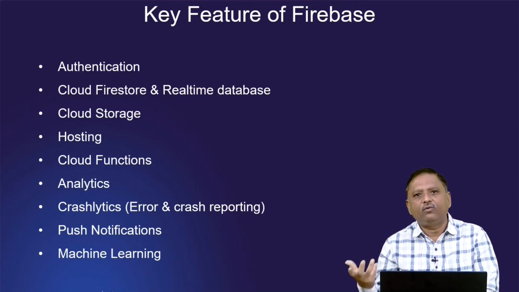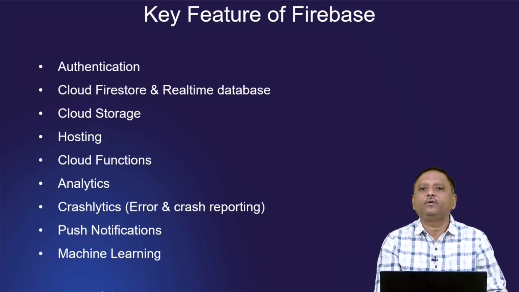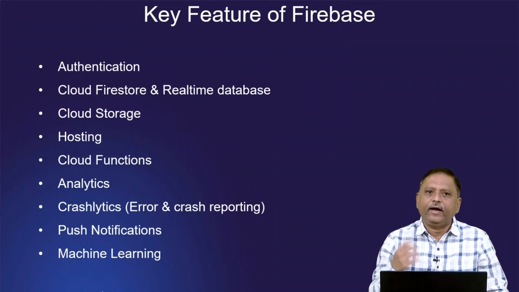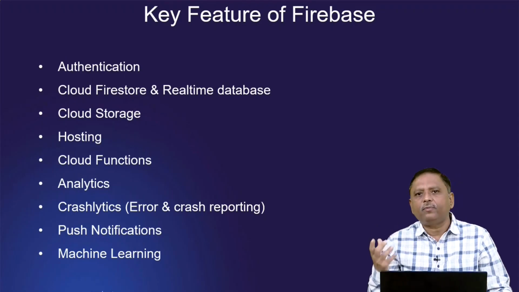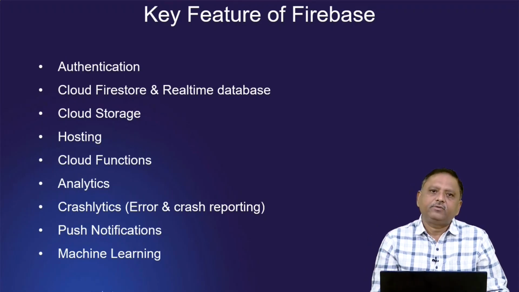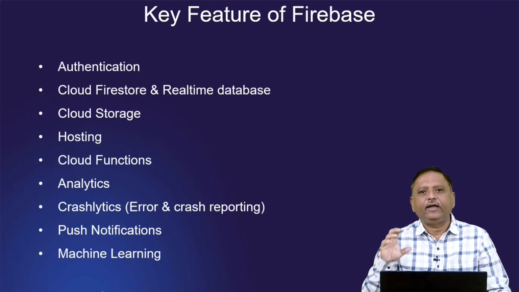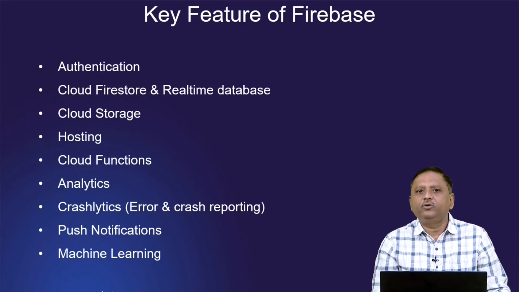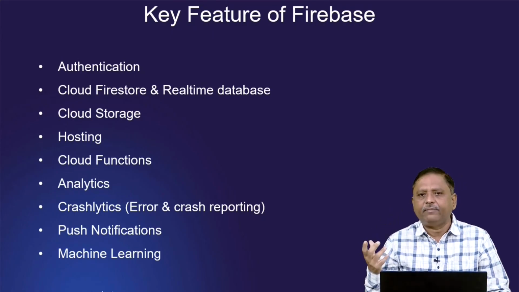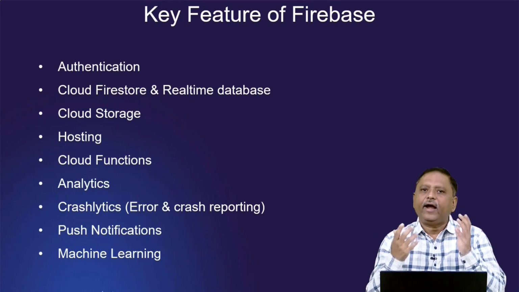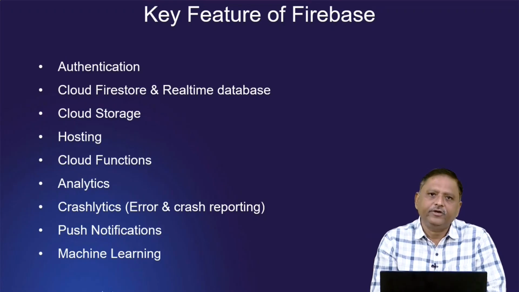It provides cloud functions, like serverless functions to run backend code in response to events like database updates, API calls, etc. It also provides free app analytics with Google Analytics integration. It also enables you to get real-time crash reporting to monitor and fix stability issues.